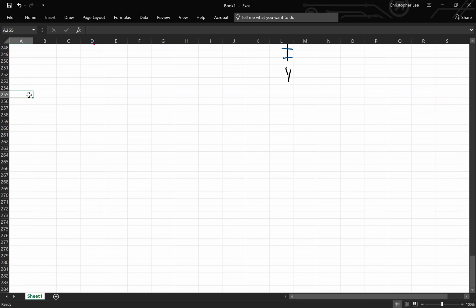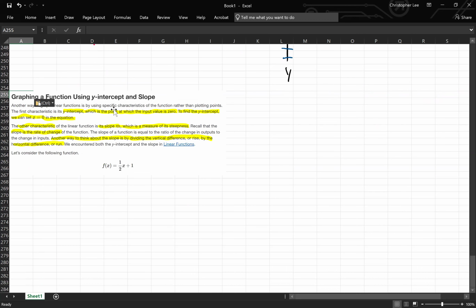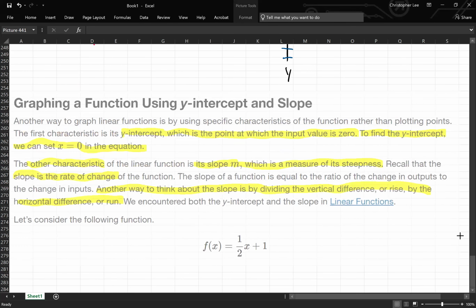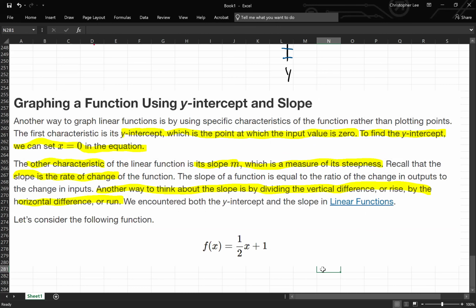Now we're going to learn a second method. So you want to graph a function using a y-intercept and a slope. Another way to graph linear functions is by using specific characteristics of the function rather than plotting points. The first characteristic is its y-intercept, which is the point at which the input value is 0. To find the y-intercept, we can set x equal to 0 in the equation.